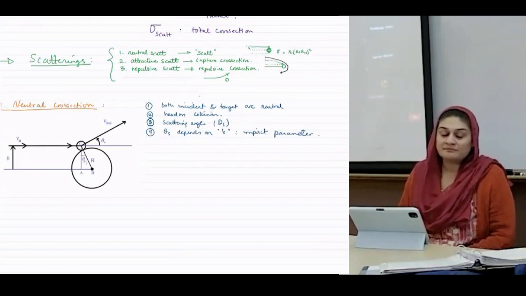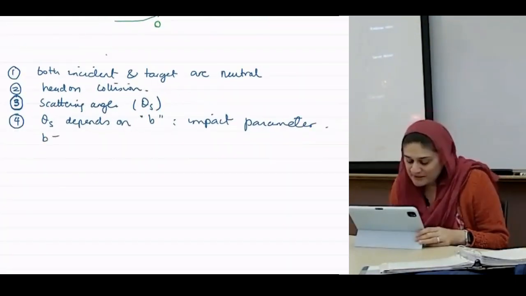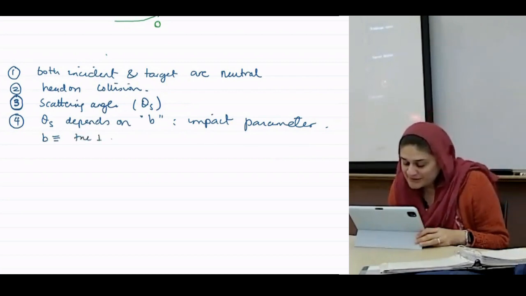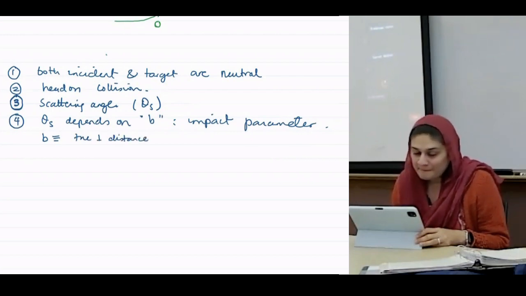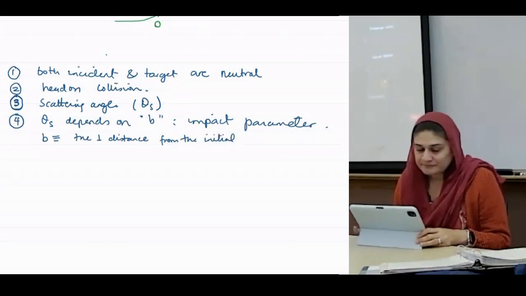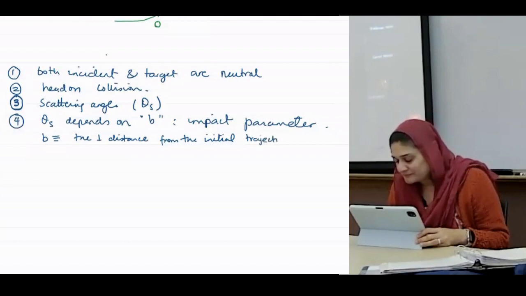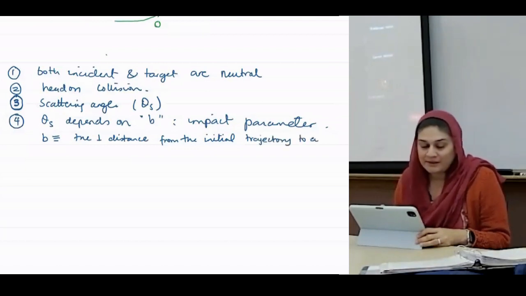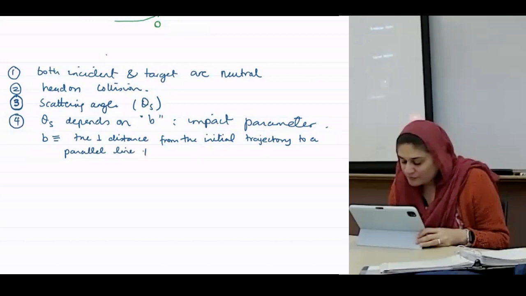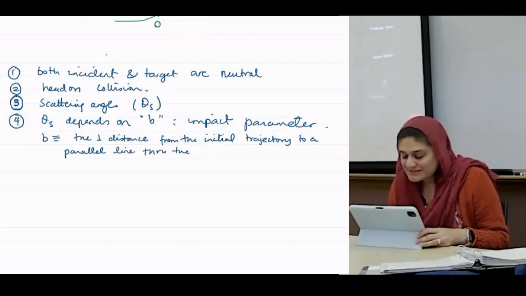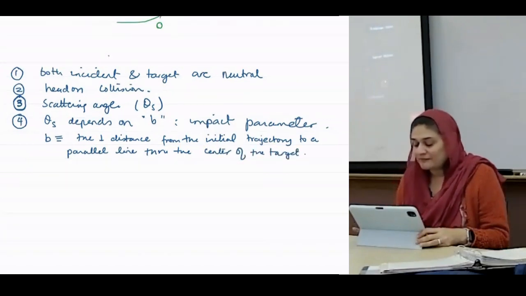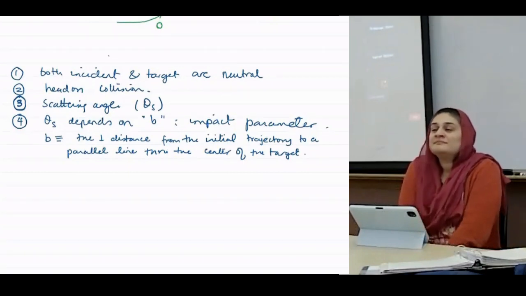And what was impact parameter? b is defined as the perpendicular distance from the initial trajectory to a parallel line through the center of the target. I know you wanted the fancy definition, Sylvan, and that's what it is.